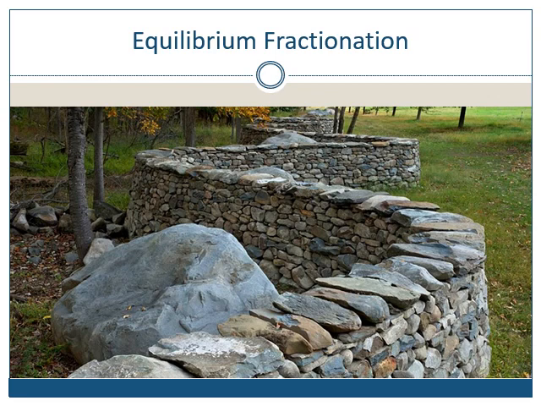So when we're talking about fractionation, the textbook uses a simple analogy of building a stone wall in presenting this concept. Fractionation, that mass balance partitioning, can take place under equilibrium conditions.